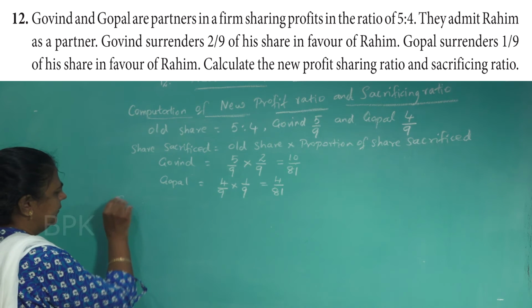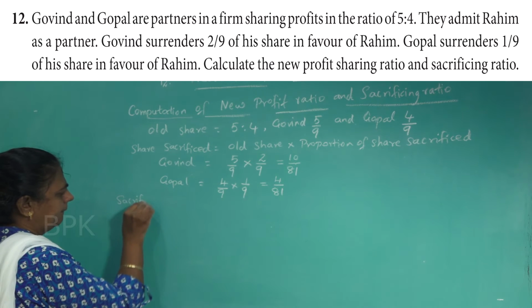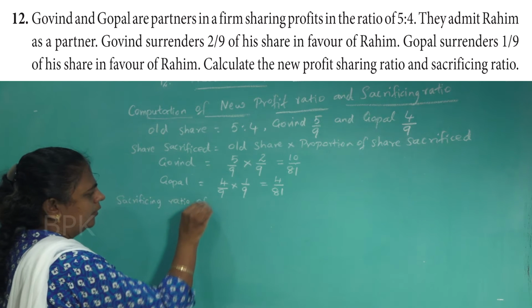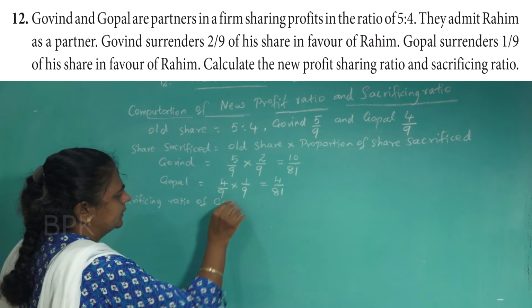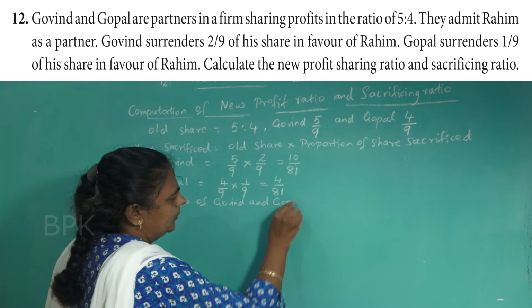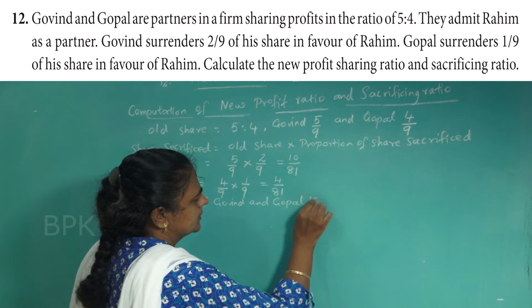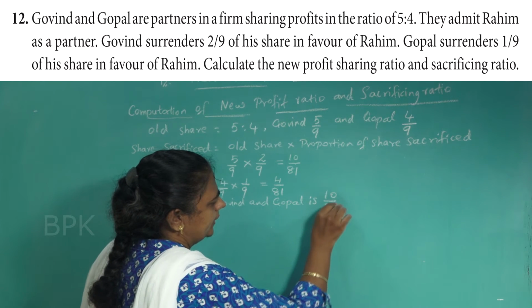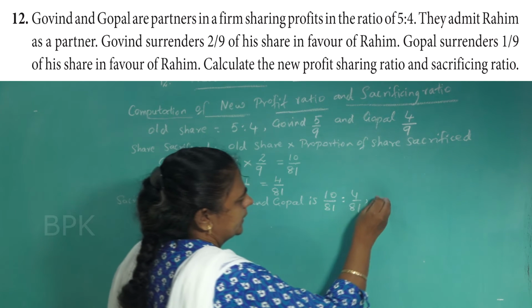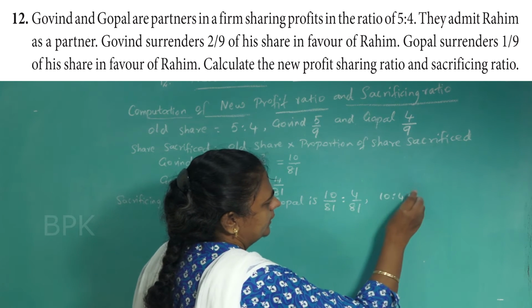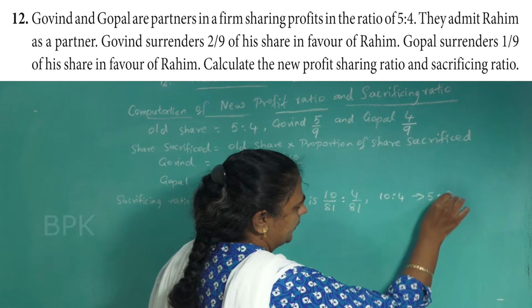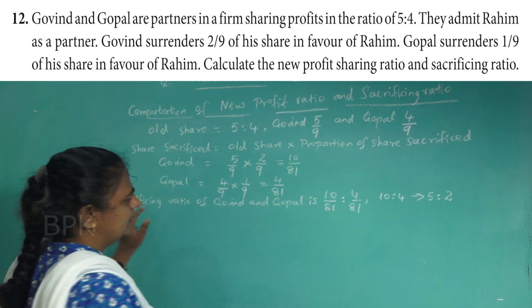So, the sacrificing ratio of Govind and Gopal is 10/81 is to 4/81. That is 10:4, that can be reduced to 5:2. So, this is the sacrificing ratio.